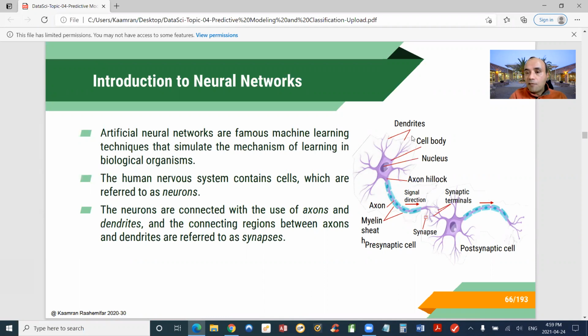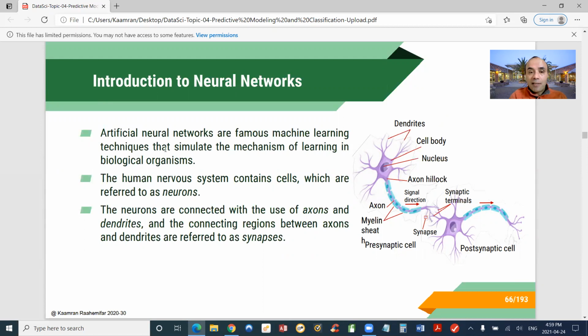So we have dendrites, we have the nucleus, we have the axon, we have the connection from one cell to another. These are the synaptic terminals. This is considered to be a synapse where the signals are going to be approaching. And so that's the overall shape of the biological system.